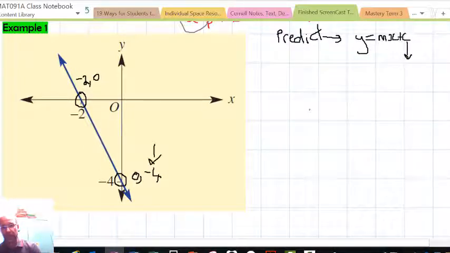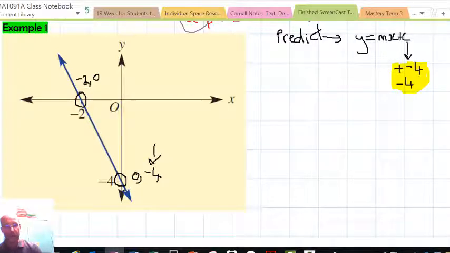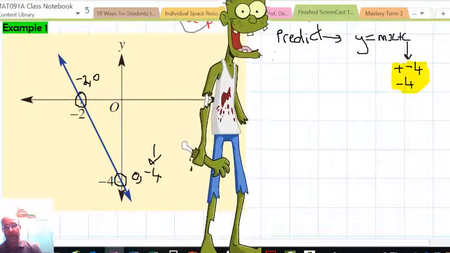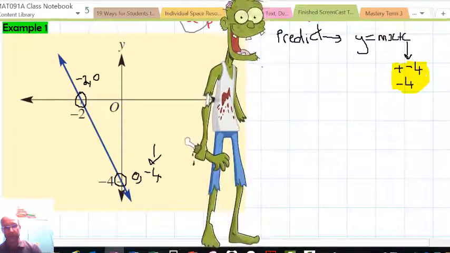So from our previous work, you'll know that the end of the equation is going to be plus c, which will be plus -4. Or the end of the equation will have a -4 on it. So we're going to leave that there for later on. That's all predicting what our answer is going to look like. So you can do that bit in your head. And it's important to be mindful of what you're doing in maths, not just some zombie that's doing things on autopilot, okay? So be mindful, that's what we should get.